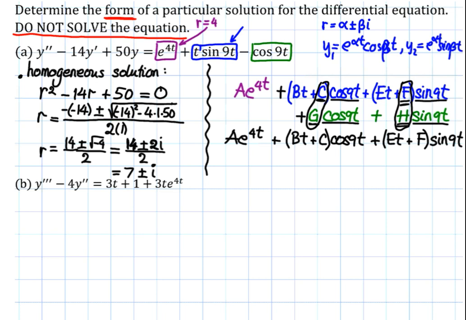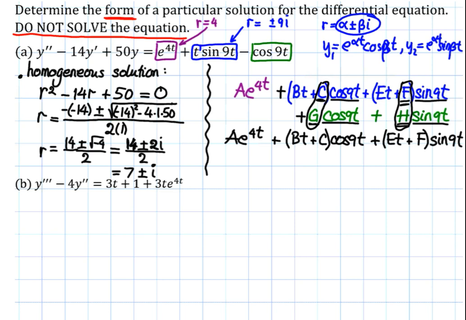So every time we have sine or cosine, the solution is going to be in that form. For this solution, it's going to be 9 as beta, so r will be plus or minus 9i, and in front of it we can write e to the 0 power if we want to.